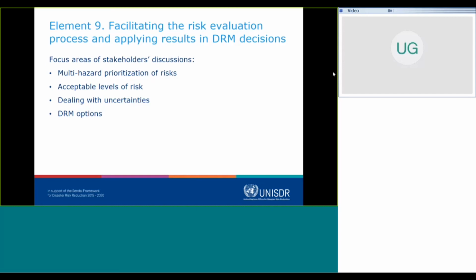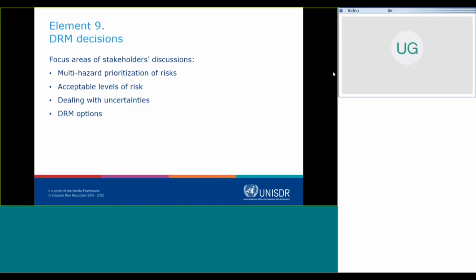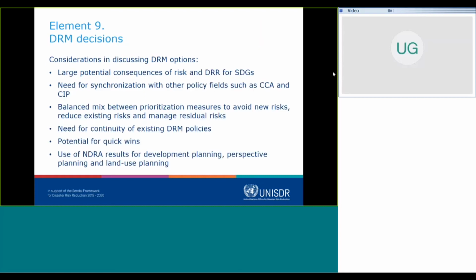It's about prioritization of different risks. It's about setting your acceptable levels of risk. But it's also about dealing with uncertainties, because the NDRA methodology will never give 100% foolproof answers on all accounts. So you will need to communicate very clearly to the decision makers what kind of uncertainties in the methodology and in the outcome there are.